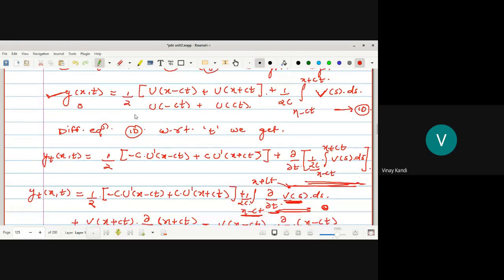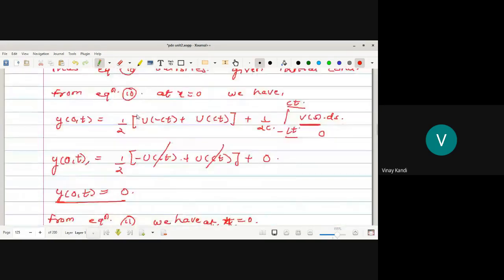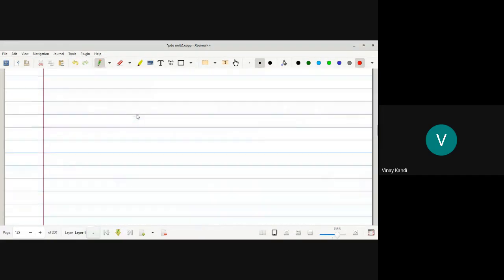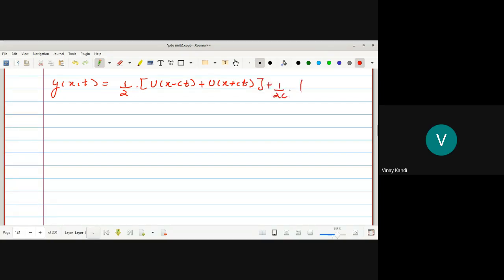Any doubt up to here? The solution is given by y of x t is equal to 1 upon 2 into capital U of x minus ct plus capital U of x plus ct, plus 1 upon 2c into integration from x minus ct to x plus ct of v of s ds.